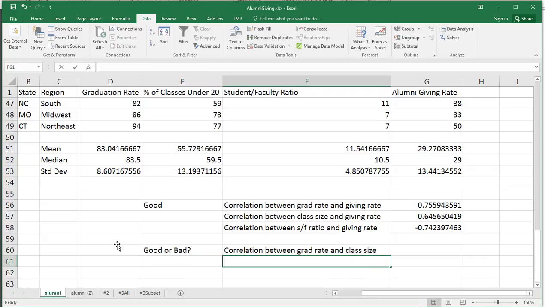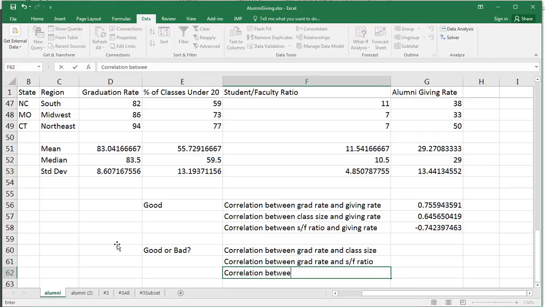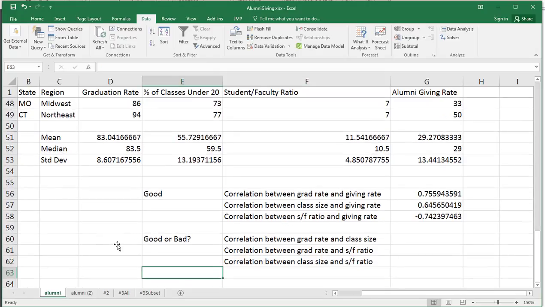We're also interested in correlation between grad rate and student faculty ratio, and then correlation between class size and student faculty ratio. Are there any others that we need to worry about? So we did those two. It doesn't matter which order we do them in, so there's just a one-way thing that we need to worry about. I think that's good. Right, so let's look at those.